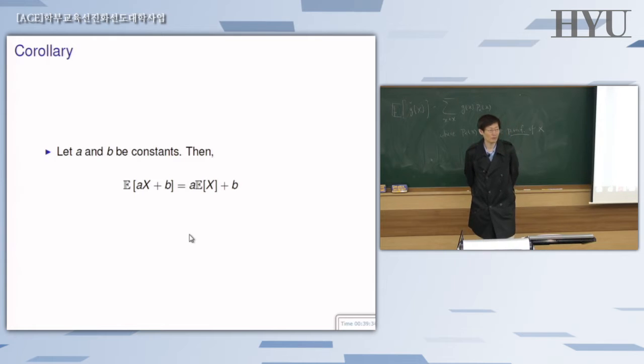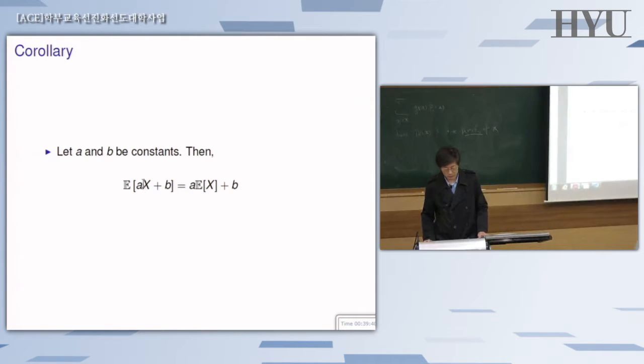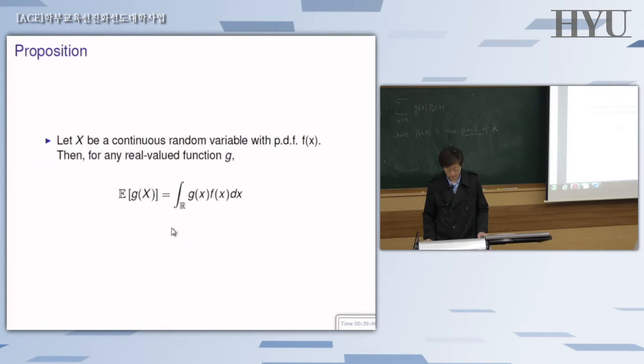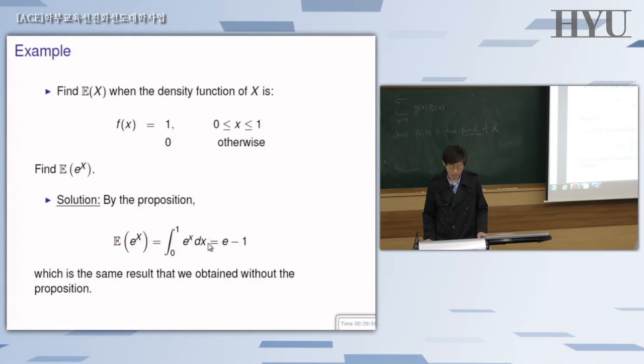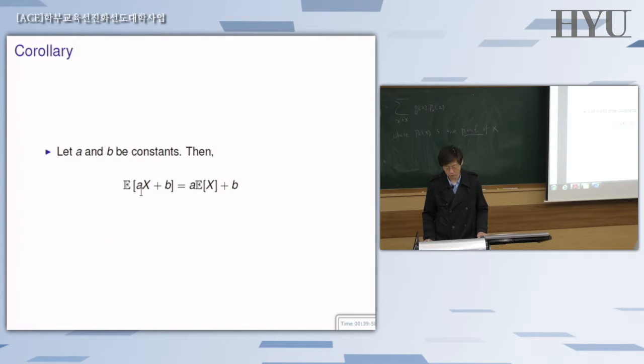If I ask you to prove, you see that this is nothing but some function of x. Should ring a bell. If you go back, the proposition says expectation of some function of x can be computed using this PDF of x itself. And this is no more than just one specification of the previous general function.